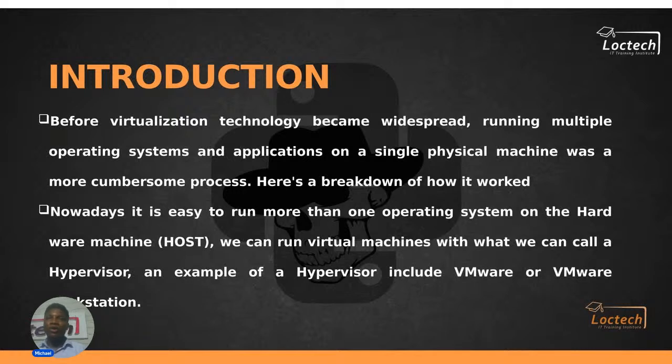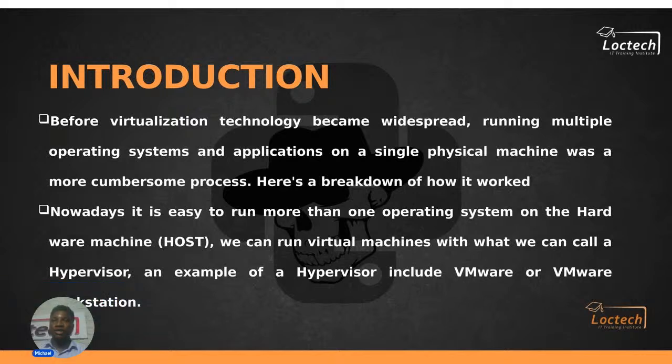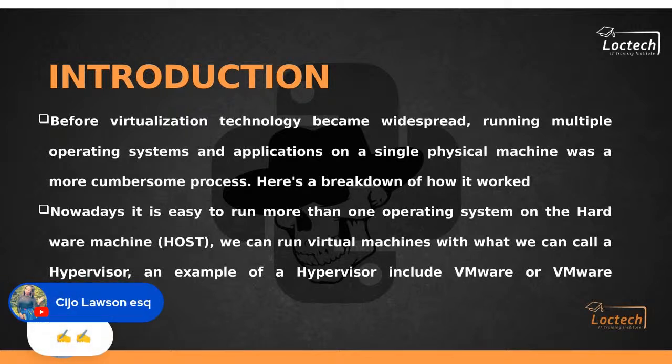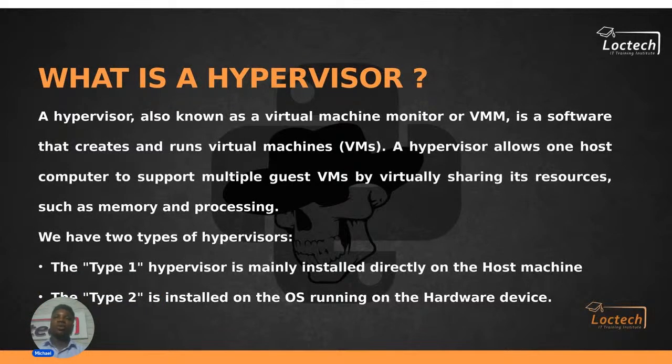So going on, to achieve that, we need what we call a hypervisor. Every virtual machine needs a hypervisor to run. So we have to understand what a hypervisor is. Now, what is a hypervisor when it comes to virtualization?